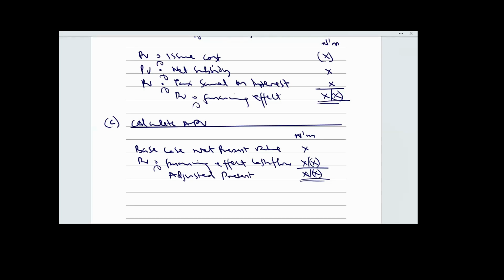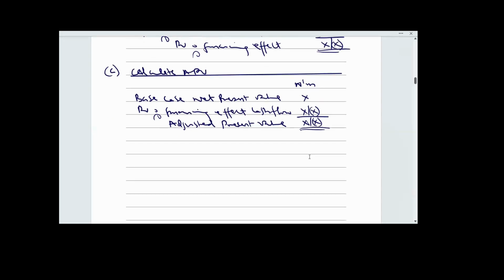So that's how to calculate the adjusted present value. Then you now make a decision. Step 4, the decision, your advice. Decision rule. 1, if APV is positive, you accept the project, just like the same decision rule with NPV.